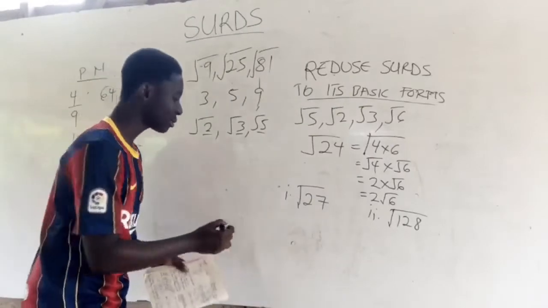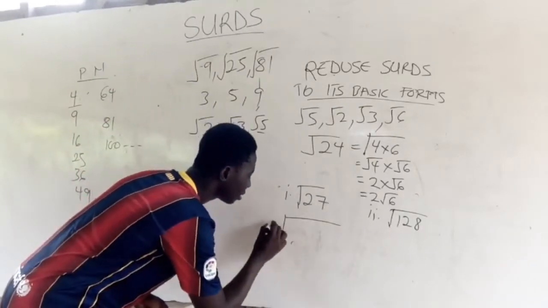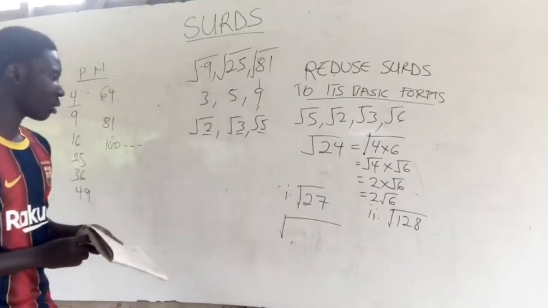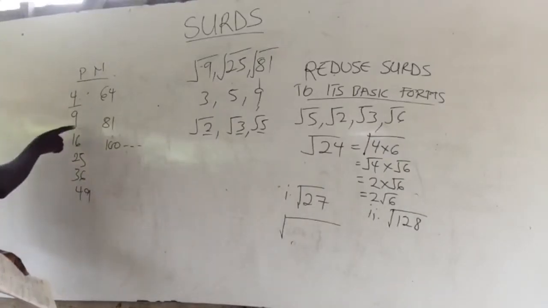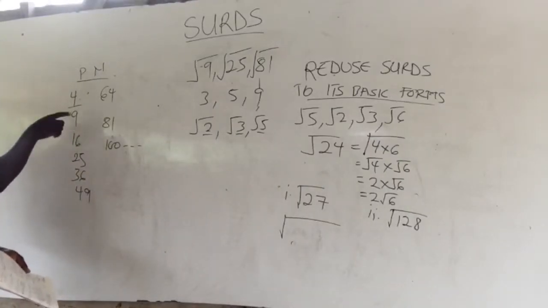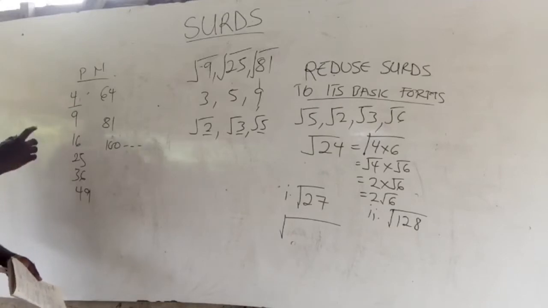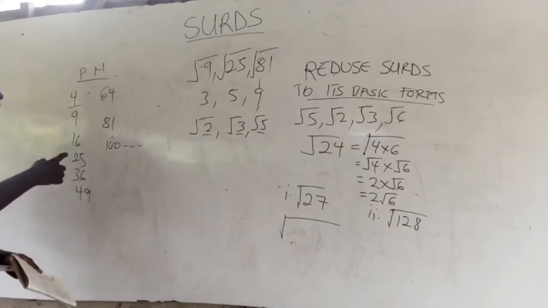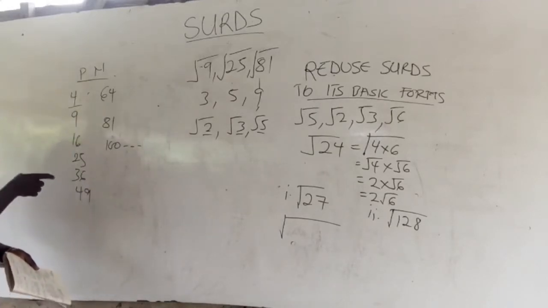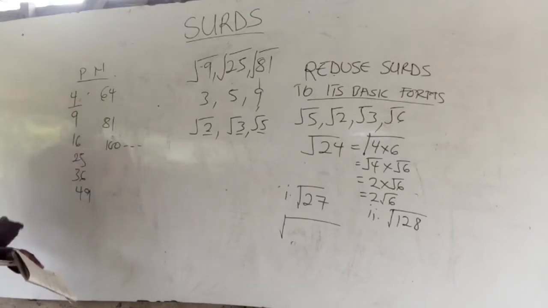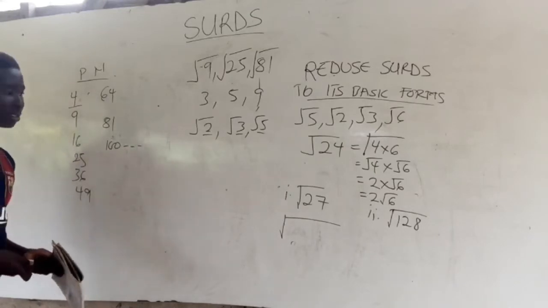So with this one, we are going to pick a number from the perfect numbers and multiply it with a different number that is going to give us 27, and 9 times 3 gives us 27.